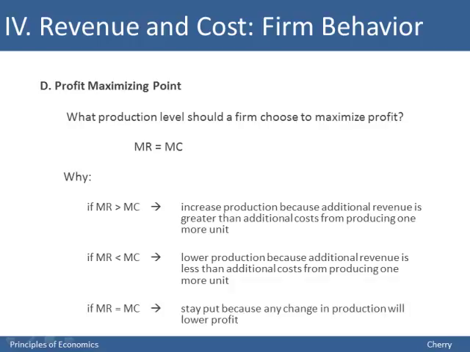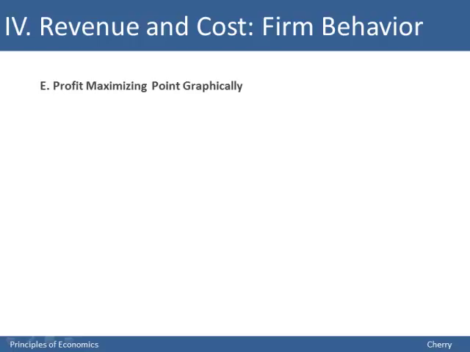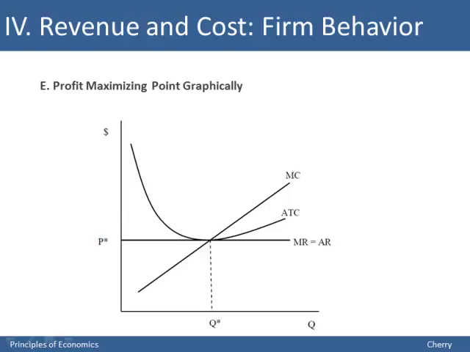So in between those two cases, you have a point where marginal revenue equals marginal cost. And that's the break-even point. And that's where you would want to stay. That's where the additional revenue and additional cost are equal. So let's look at it graphically. So you set quantity. This is like the graph before, but now I've added quantity.